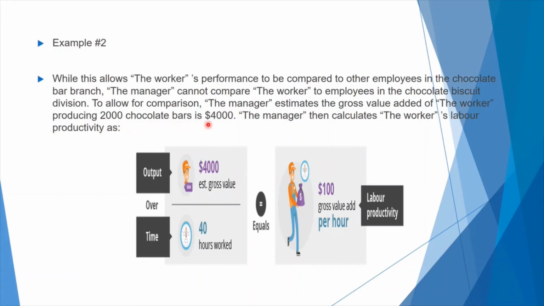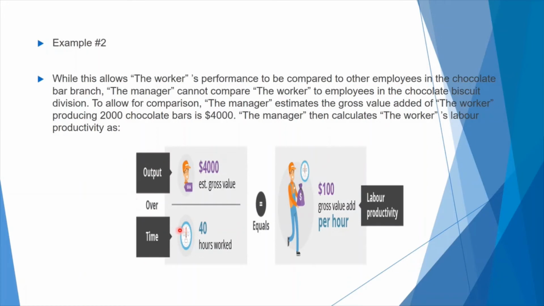The manager then calculates the worker's labor productivity as output here, $4,000, the estimated gross value added. Input is time, here 40 hours, the same as the previous slide.